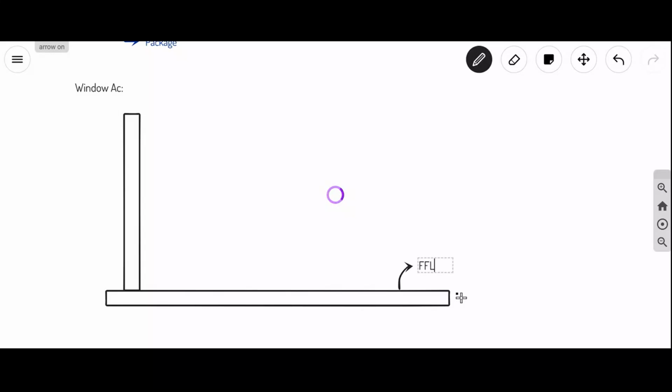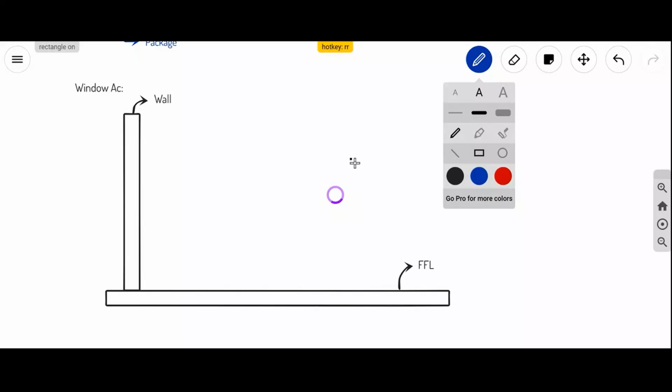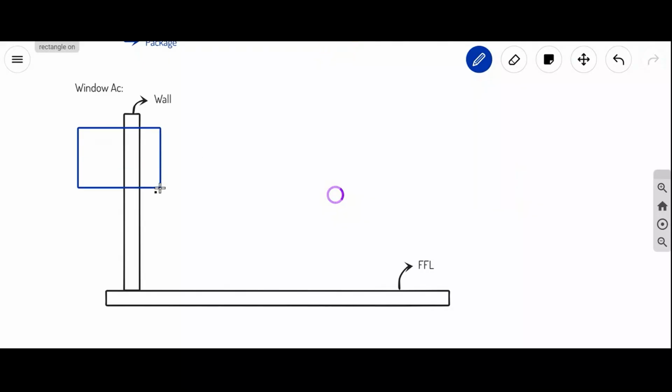This is FFL, which is called as finished floor level, and this is wall. And we install window AC like this. Okay. So the condenser should be outside always. So the minimum height from finished floor level to window AC recommended by ASHRAE is 6 feet from the ground. 6 feet.